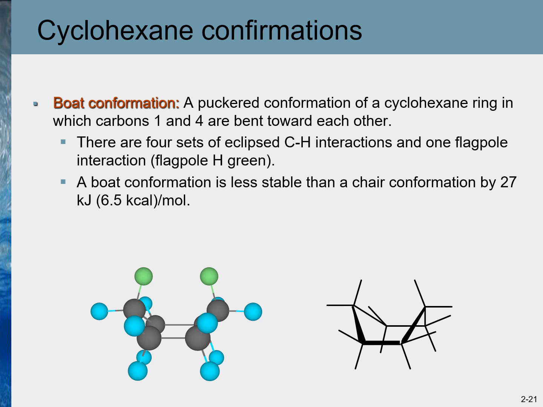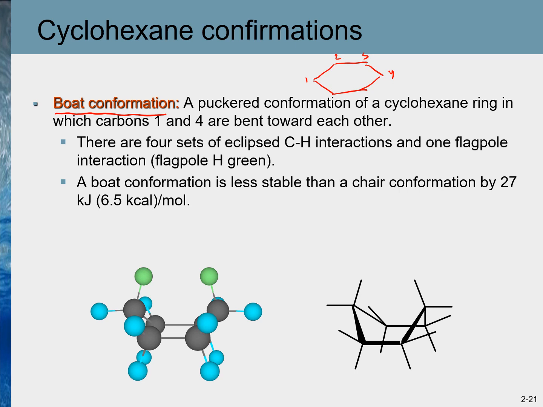Let's talk about another important conformation of cyclohexane, and it is known as boat conformation. In boat conformation, both carbon number 1 and carbon number 4, so that would be 1, 2, 3, and 4, both of these will come out of the plane, but they will move towards each other.